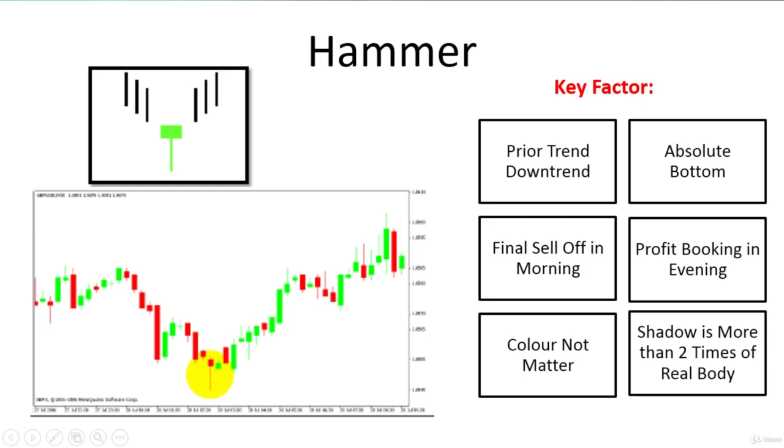Before finalizing the hammer pattern, we consider various key factors. Let's discuss in detail. The first and foremost factor is that the prior trend should be a downtrend. The pattern should be identified at absolute bottoms.